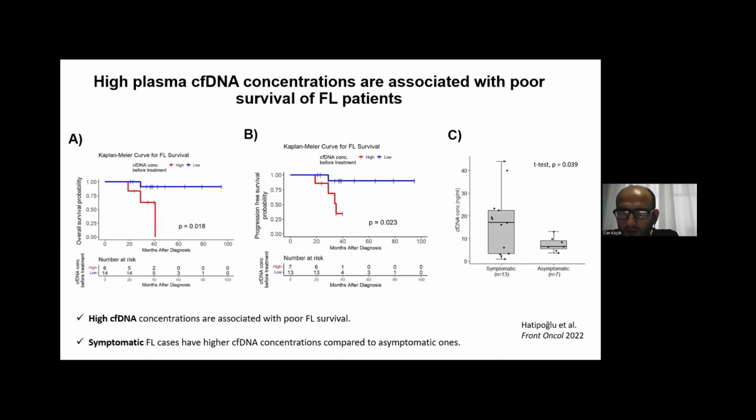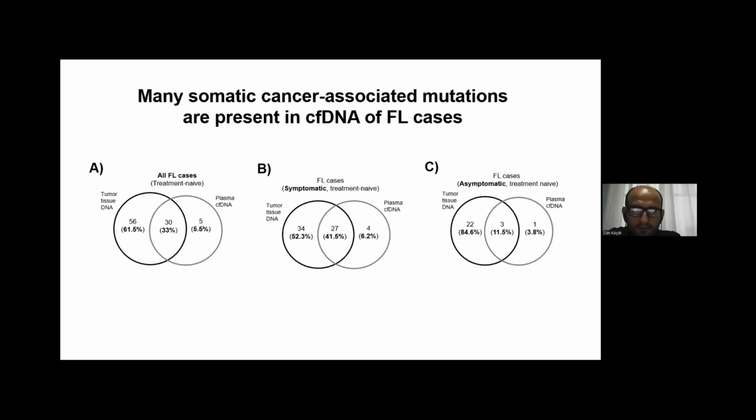As you can see in panel C, we also compared the symptomatic versus asymptomatic cases. You would remember from the beginning of the presentation, I mentioned that some cases are asymptomatic, some of them are symptomatic in terms of clinical symptoms in the patient. And we observed that the cfDNA concentration is generally and significantly higher in the symptomatic cases compared to asymptomatic ones.